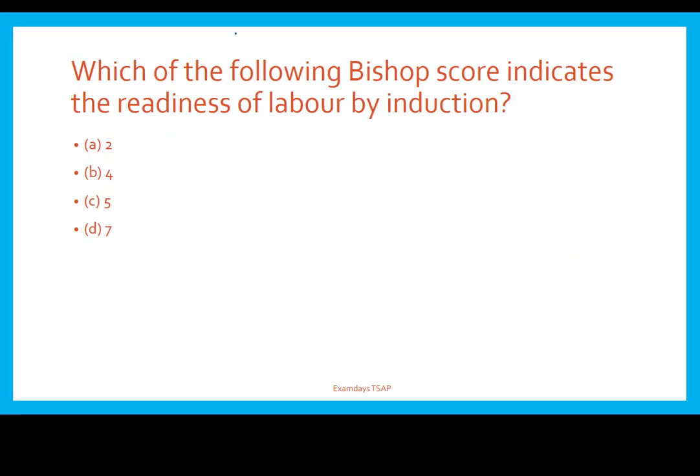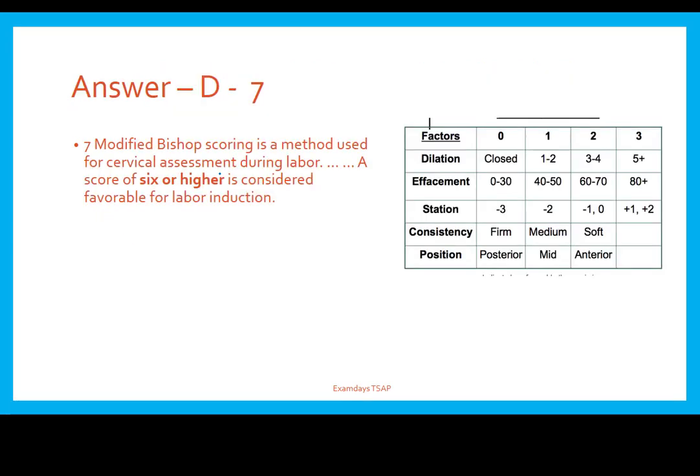Which of the following Bishop scores indicates the readiness of labor by induction? A, 2, B, 4, C, 5 and D, 7. The correct answer is option D, 7.